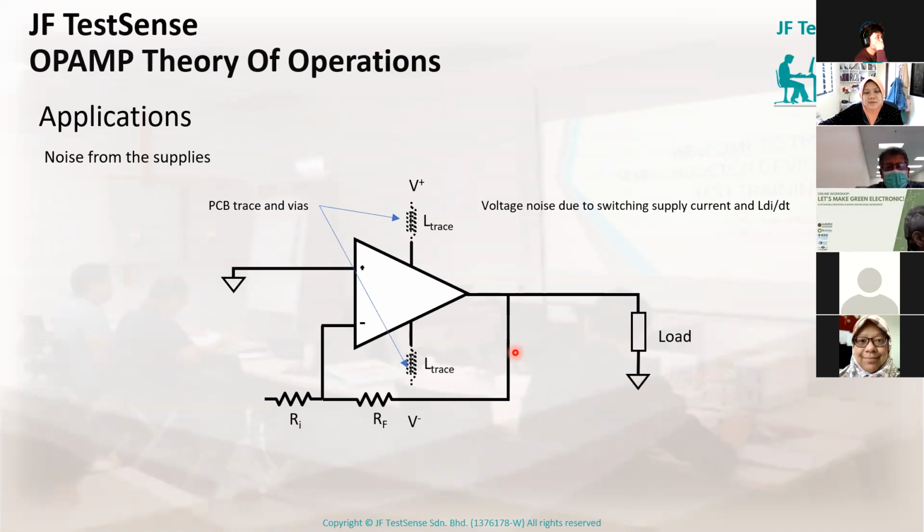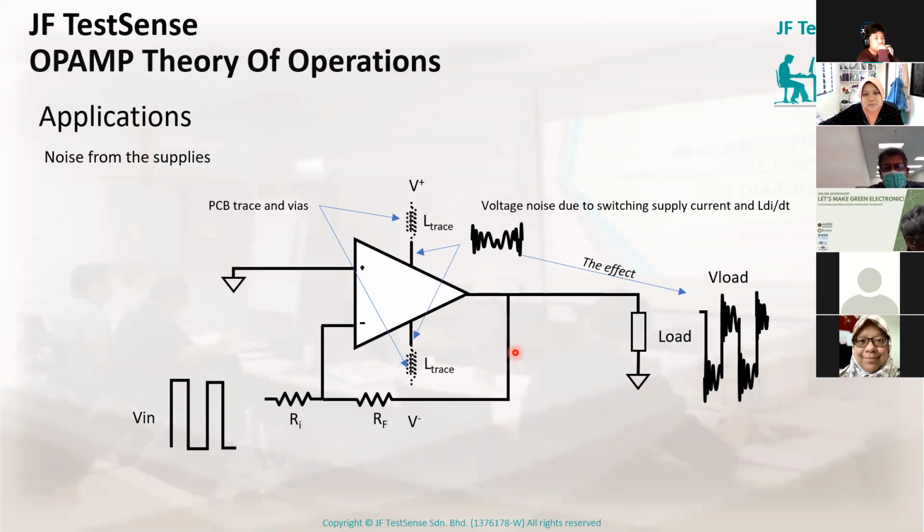Inductance will cause noise: let's say your op-amp has an input pulse train, then the supply currents will be switching, and because of the di/dt and the inductance of the supply trace, there will be noise induced at the output. How do you avoid this?